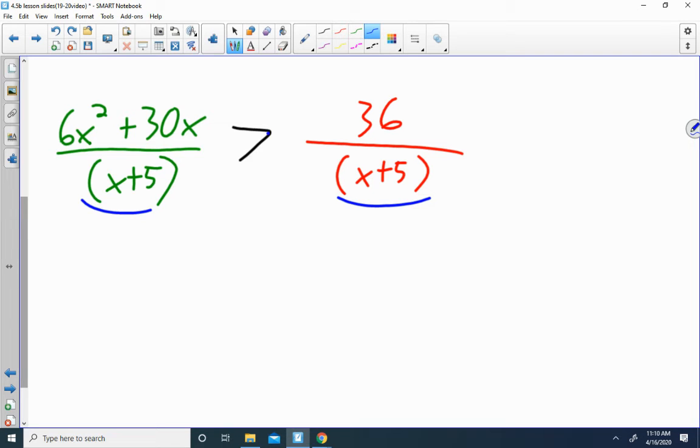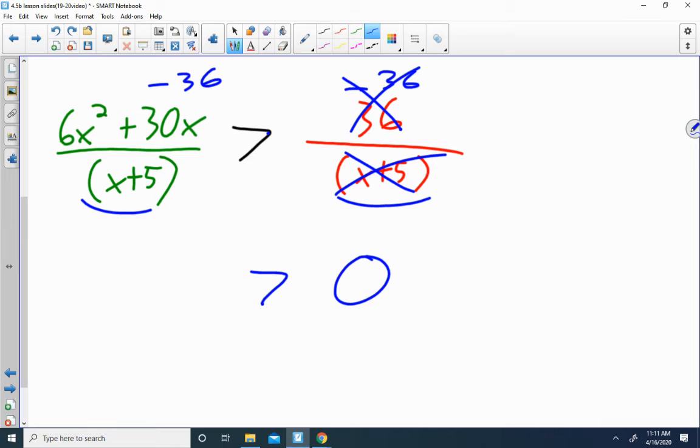And for this example, since there's only 36 on this side, I'm going to go ahead and move it over to the green side by subtracting it. In other words, I'm going to subtract 36 to both sides, and then everything on this side cancels out. Nothing left on the red side, so the denominator's gone, so you just get 0 on the right side.